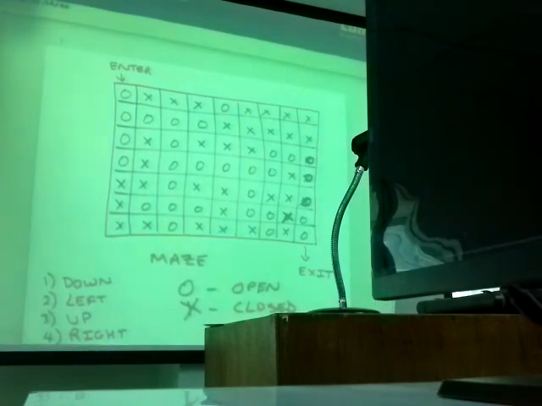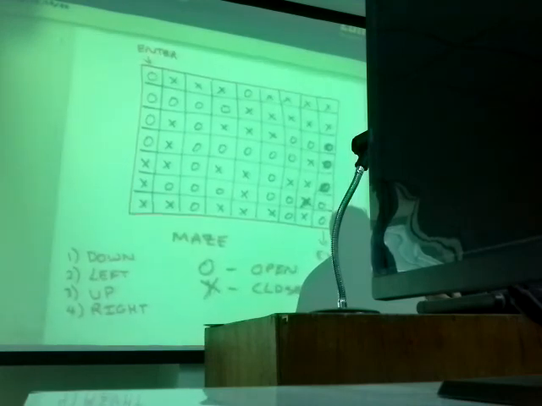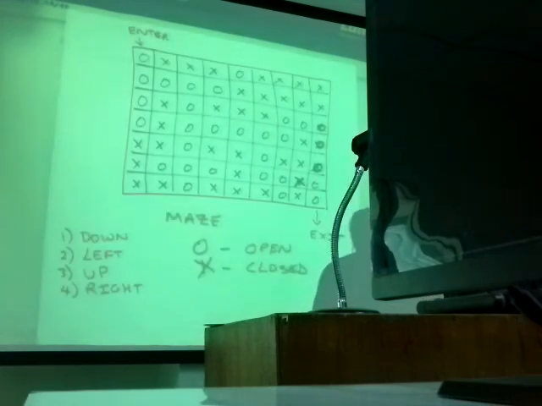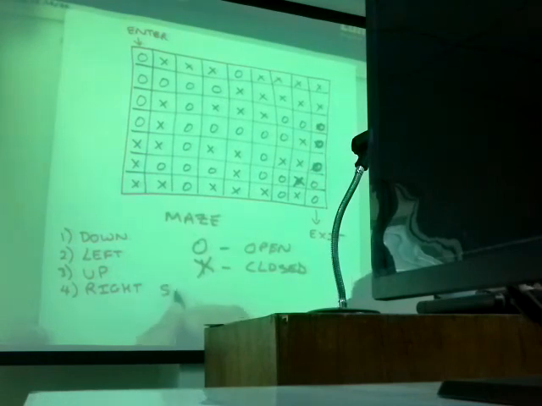A stack is very good for this type of problem. So we solve this problem by using a stack.